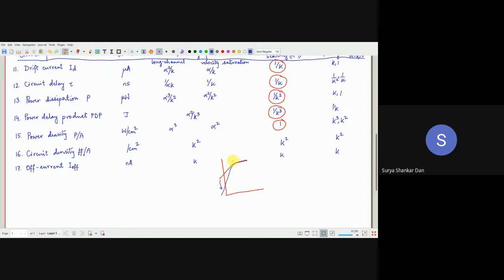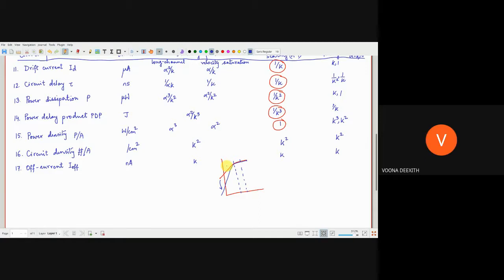You are just suggesting whether this is the point of VT or this is the point of VT. So if you are putting it over here, your circuit will be slightly more robust. But that doesn't essentially imply that your static power dissipation, which is essentially when the circuit is switched off, okay, then the leakage current.